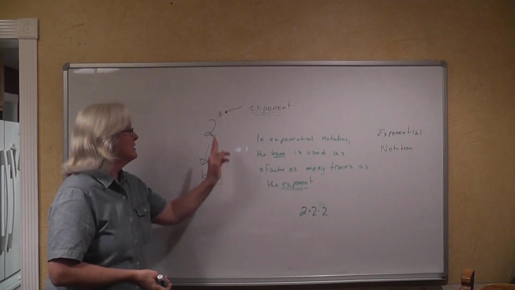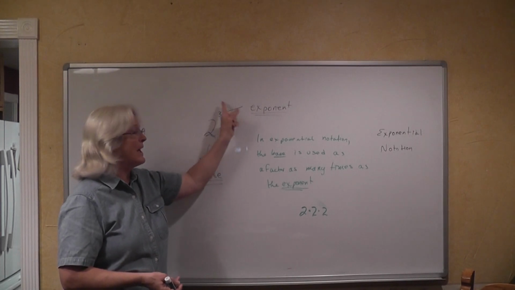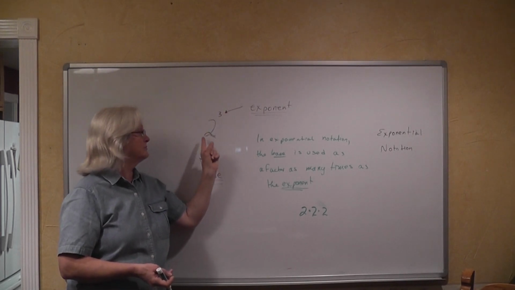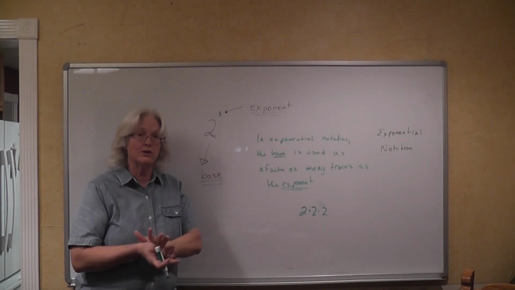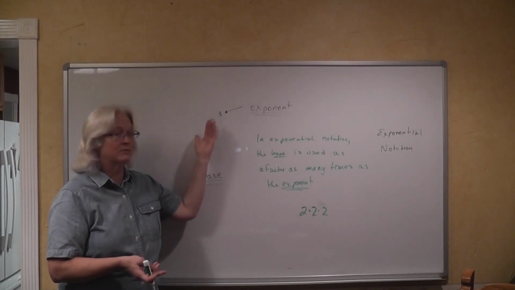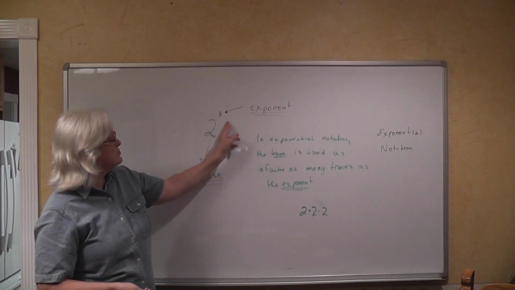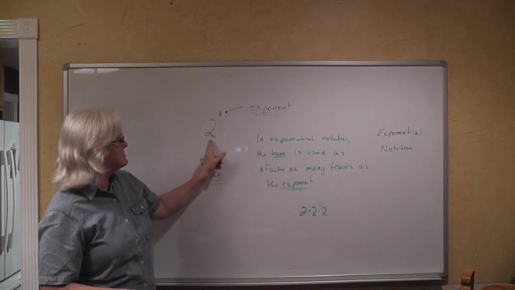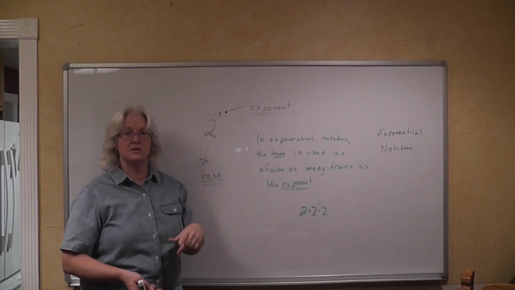This is read 2 to the third or 2 to the third power. They call this a power of 2. I really want you to make sure that you read your textbook material because they spend a lot of time talking about terminology. But in exponential notation, the base is used as a factor as many times as the exponent is.